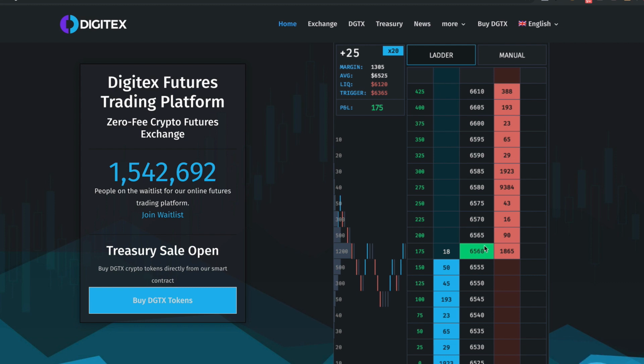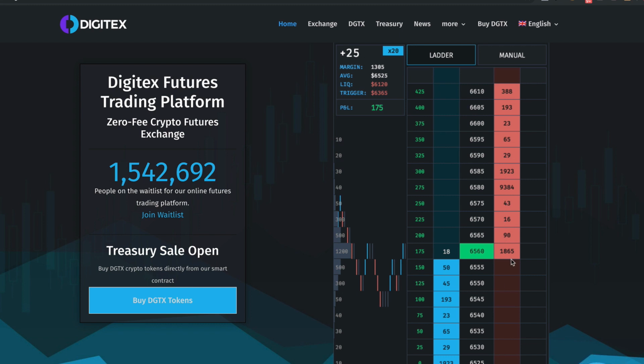This is the current trading price, and then these are just going to be how many contracts are waiting to buy at this level here. So 65.55, 65.50. These are people waiting to buy at these prices, or saying they're waiting to buy at these prices anyway. And then the same on the other side for the sell.